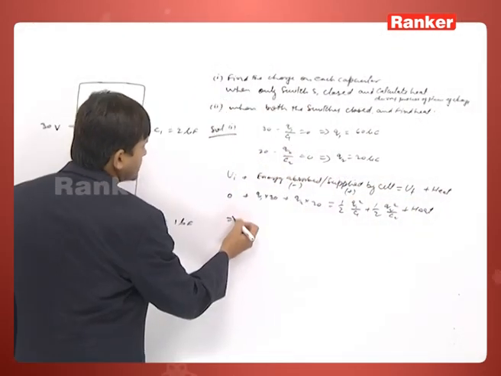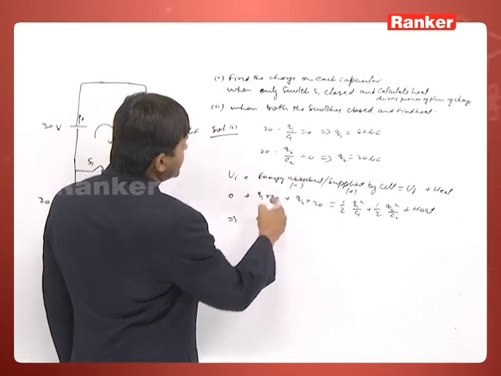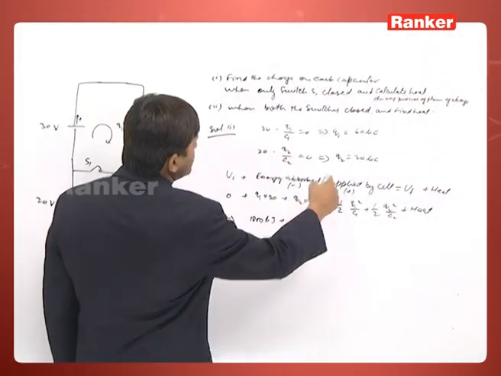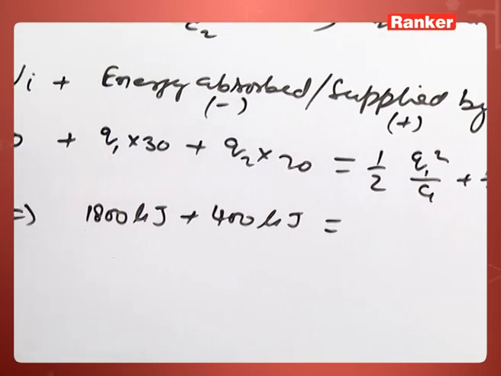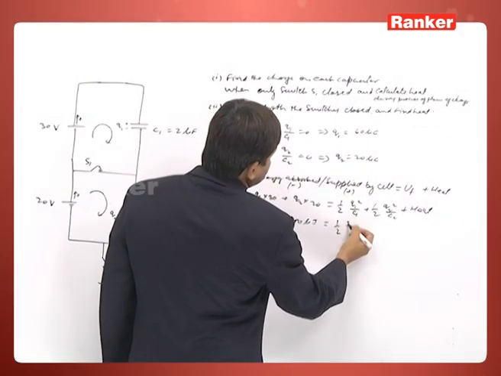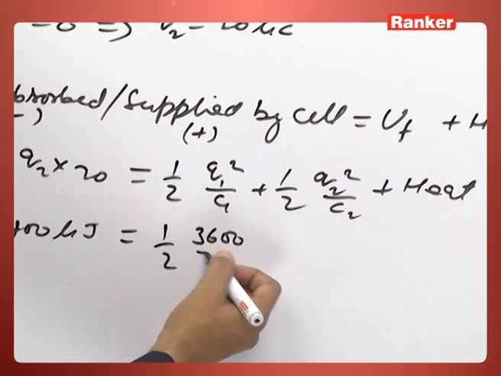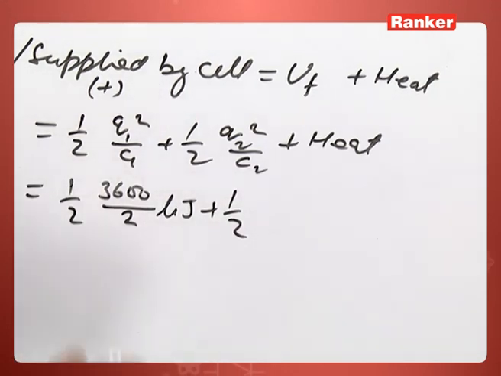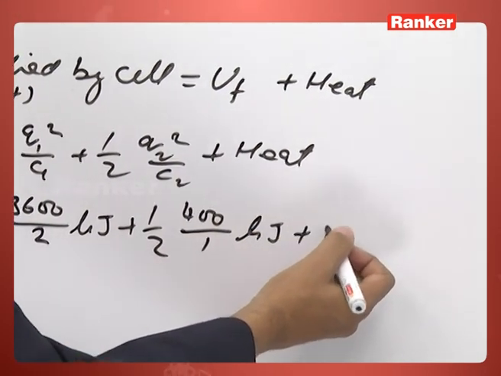Now see, Q1 we have already calculated as 60 microcoulomb. 60 into 30 becomes 1800 microjoule, plus Q2 into 20, this is 400 microjoule, equal to half Q1 square by C1. 60 square is 3600, by C1, C1 value is given here as 2, by 2 microjoule, plus half Q2 square 400 by C2, or 1 microjoule, plus heat.